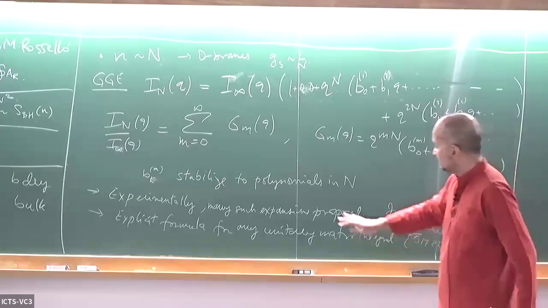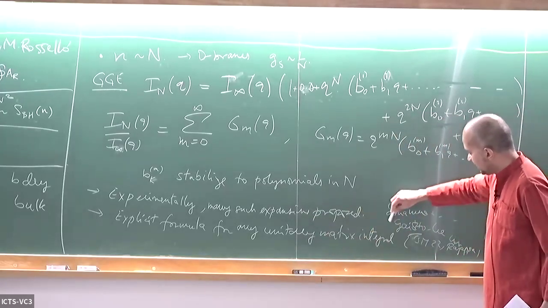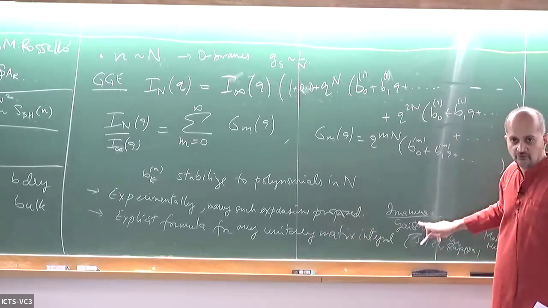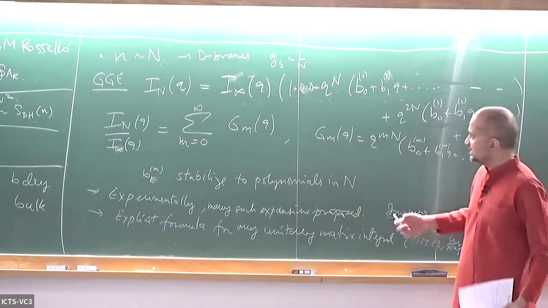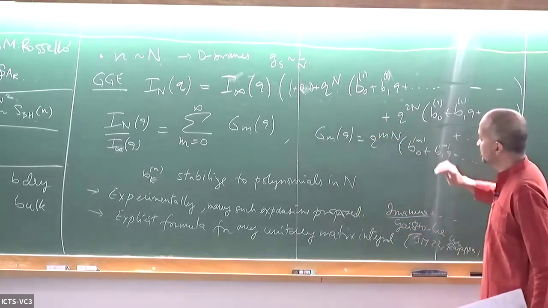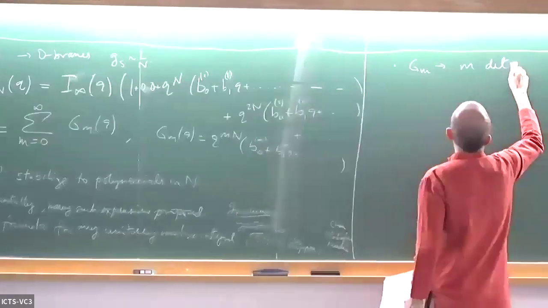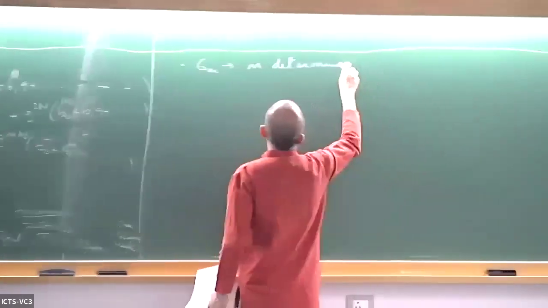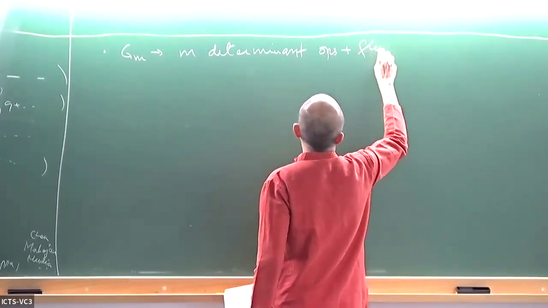At the end of the day, either from these guessed formulas or these explicit formulas, they're all adding up to tell you that these things should be interpreted as G_M: a product of M determinant operators plus fluctuations.